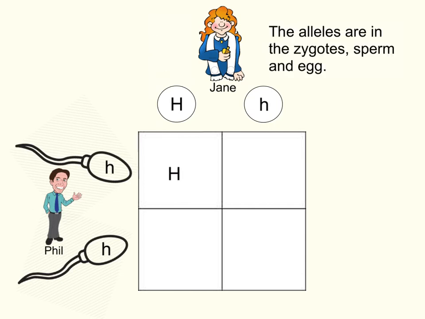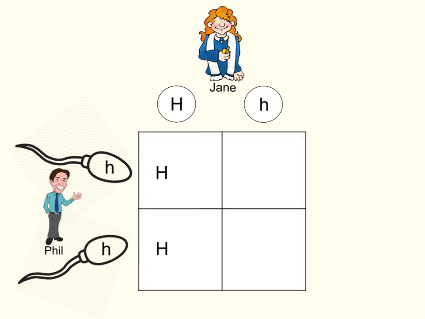So 50% of the time, Jane's egg is going to produce the big H allele. And the other 50%, she's going to contribute the little h. Whereas Phil has only the recessive allele, so he'll contribute the little h for all of his children.